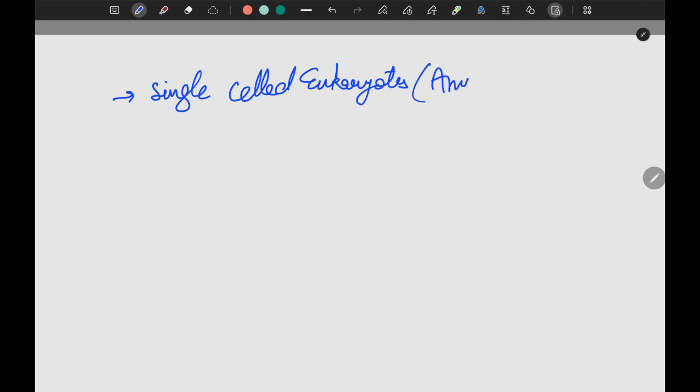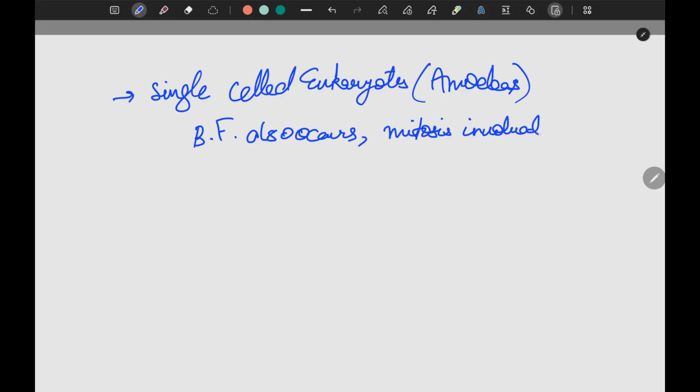Sometimes in single celled eukaryotes, for example amoeba, binary fission occurs also, but mitosis is also involved. But in the case of bacteria, no mitosis is involved in bacteria division.